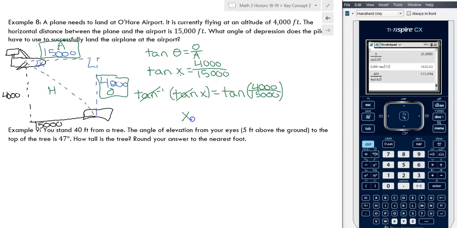These cross out, and I'm left with x equals the inverse tangent, sorry, the inverse tangent is what that should say, of 4,000 over 15,000.